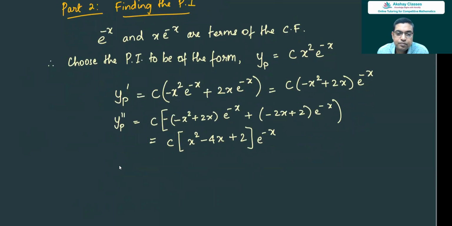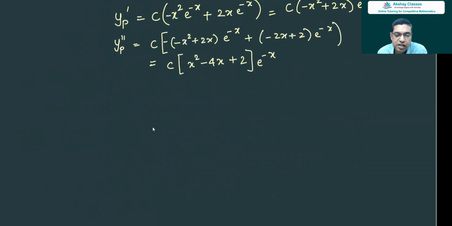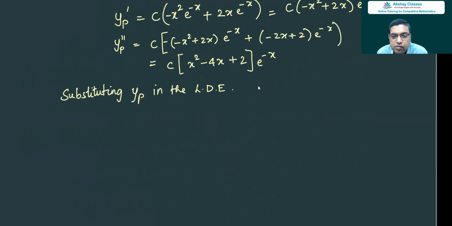Now, substituting yp in the linear differential equation, we get yp double dash plus 2yp dash plus yp is equal to e power minus x.